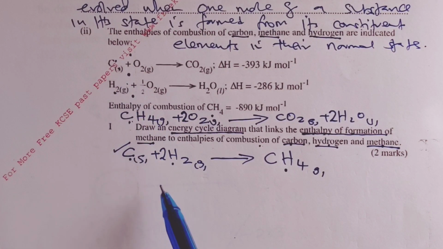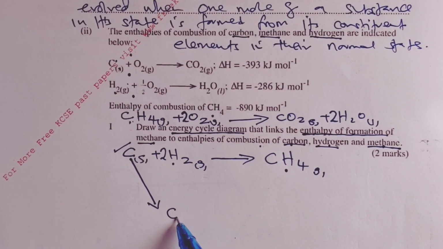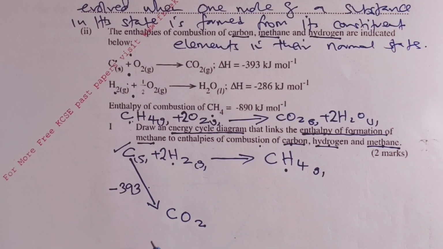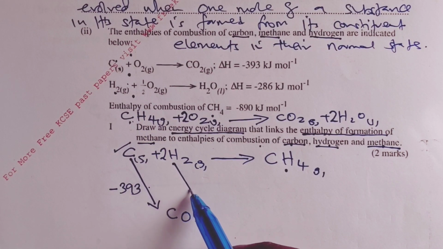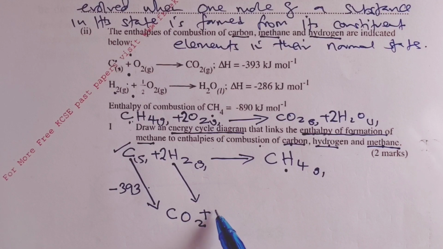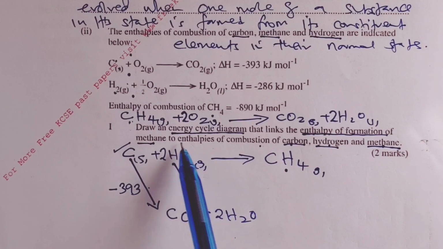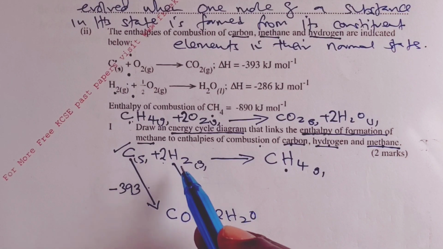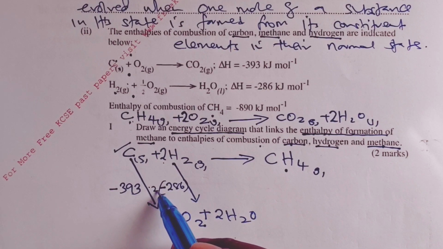So equation 1 up here, I can derive it going down to give me carbon 4 oxide at that point. And I know the heat involved will be 393 kilojoules, of course negative. Equation 2 can be derived at this point going down to obtain 2 moles of water. And here I have 1 mole of hydrogen, but here they are now 2. So the heat involved here will be negative 286 multiplied by 2.